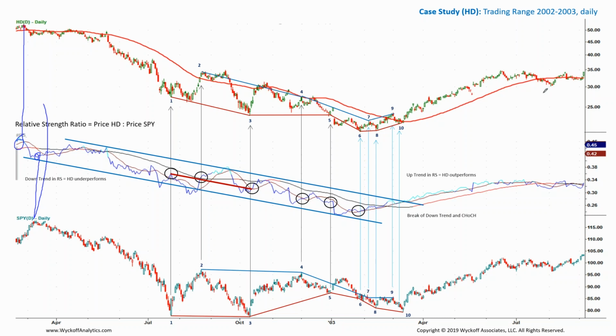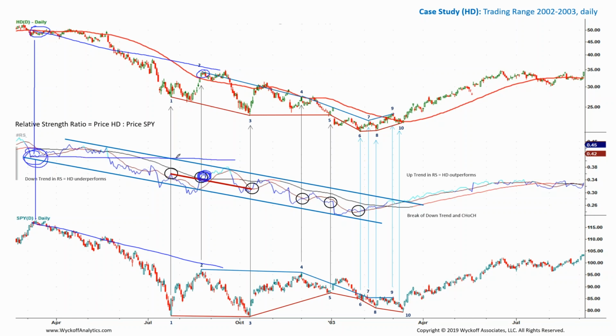Let me just erase this. So here it is on the relative strength. Here it is on Home Depot. And then we want to take the measurement of relative strength. If it is hard for us to see that slope, then we could identify on the relative strength these two spots.